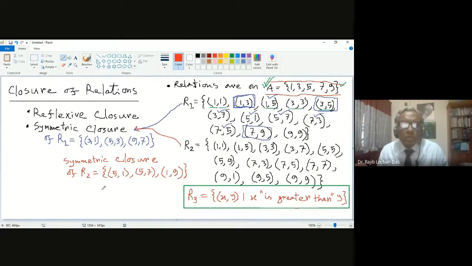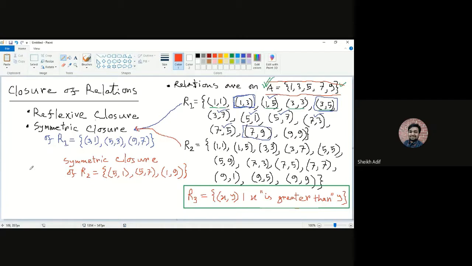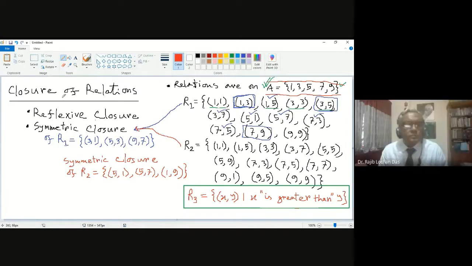And what will you write for the symmetric closure of R3? Sir, y x for all x y. Yes, actually in the same case again, x is greater than y. So if you make it opposite, then y is not greater than x. So in that case, you need everyone.